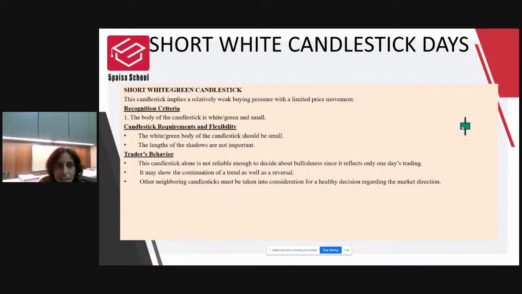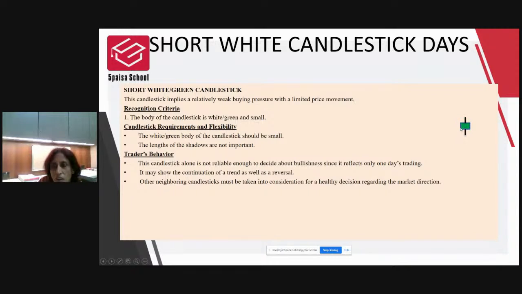And this kind of chart type reflects a relatively weak buying pressure with a limited price move. So just look, since it is green, you will know by now that the closing price will be somewhere over here, just look at this arrow, and the opening price will be somewhere over here.